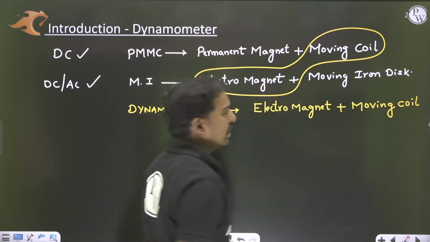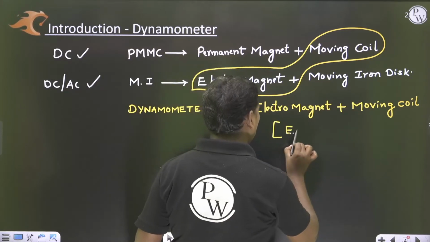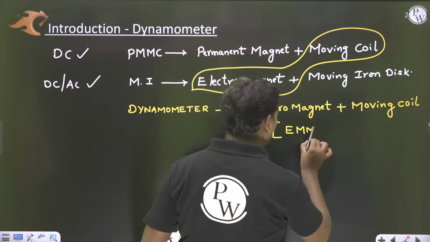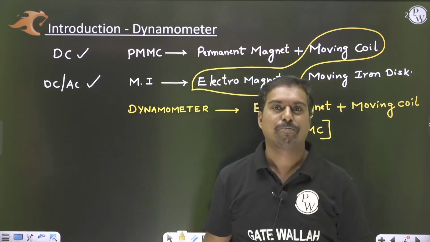That's why in short we can call it EMMC, electromagnet moving coil.